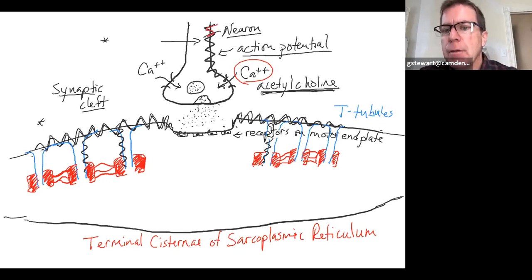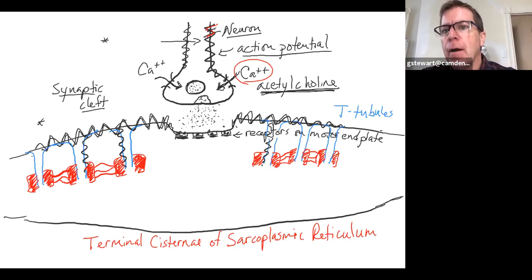So I'm going to repeat this story really quickly. Electrical impulse travels, let me get my black pen back. Electrical impulse travels down the nerve cell. When it gets to the end, it causes calcium ions to influx into the cell. That causes this neurotransmitter acetylcholine that's stored in a vesicle here to be released into the synaptic cleft. The acetylcholine diffuses across the synaptic cleft and binds to receptors on the motor end plate here.